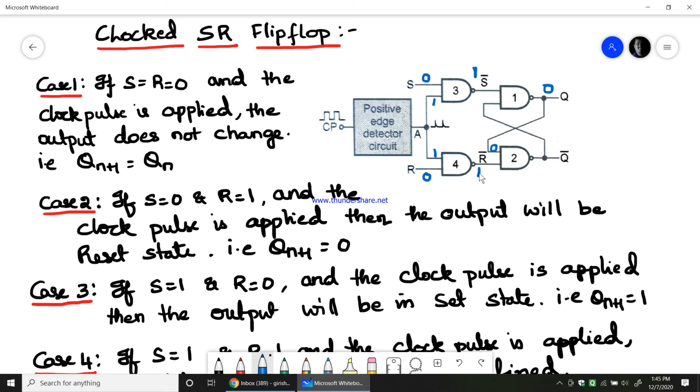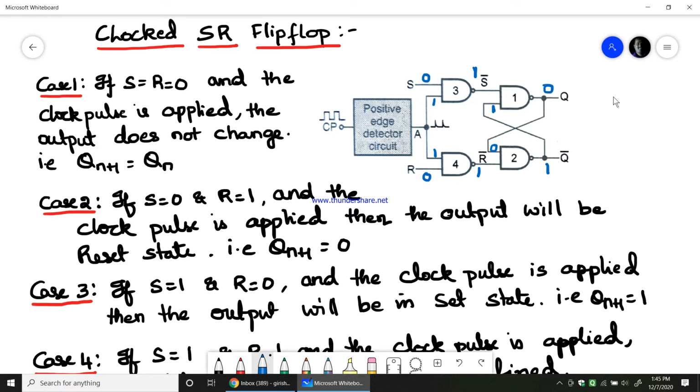This 1 NANDed with 0 will give me 1, and this 1 is given to this one. Therefore 1 NANDed with 1 will again be 0.